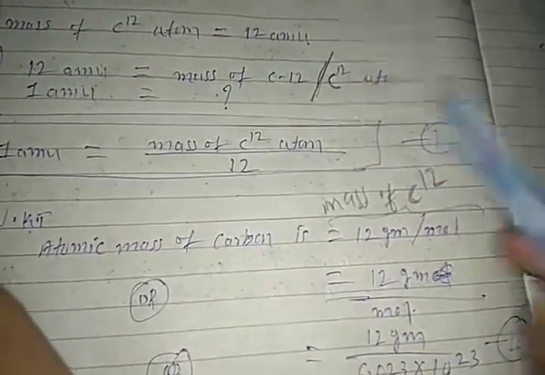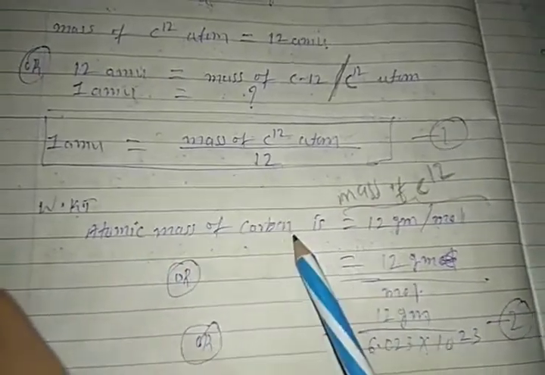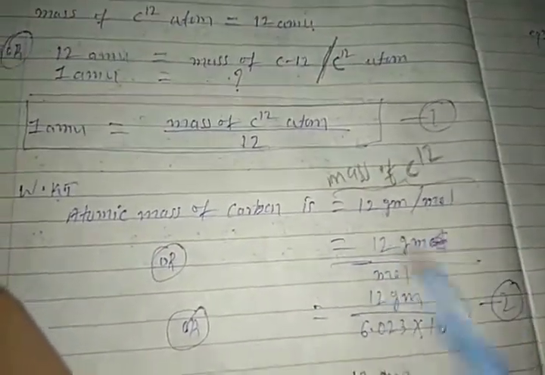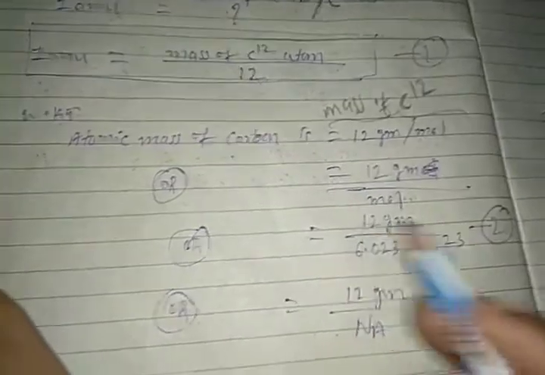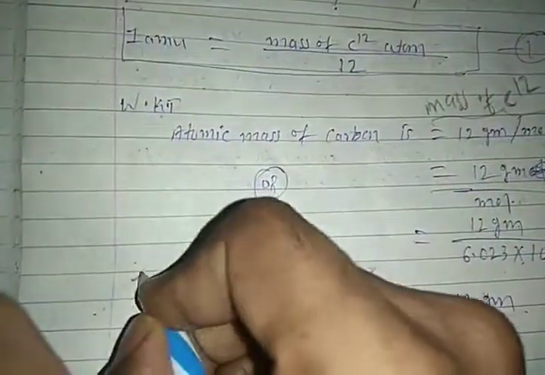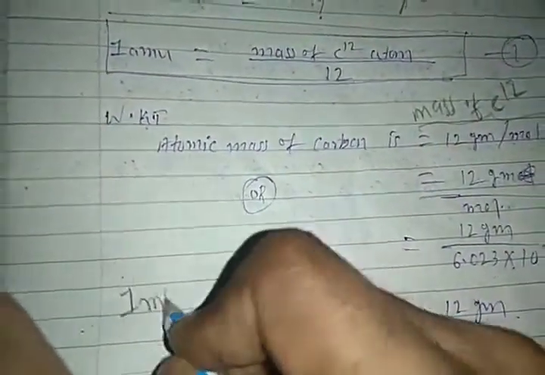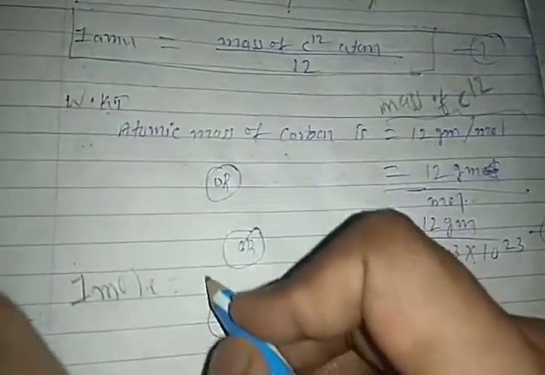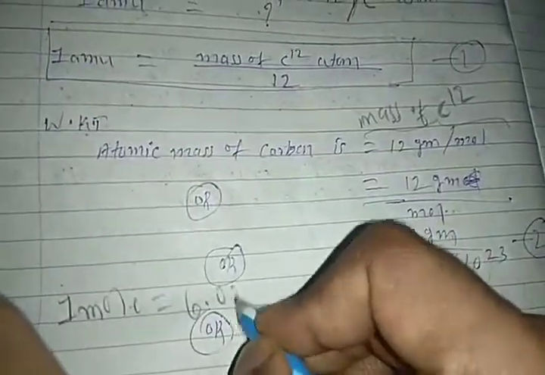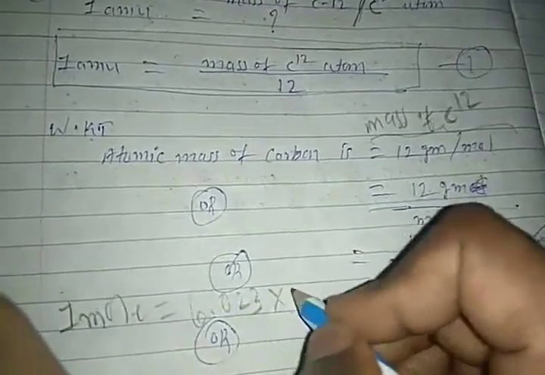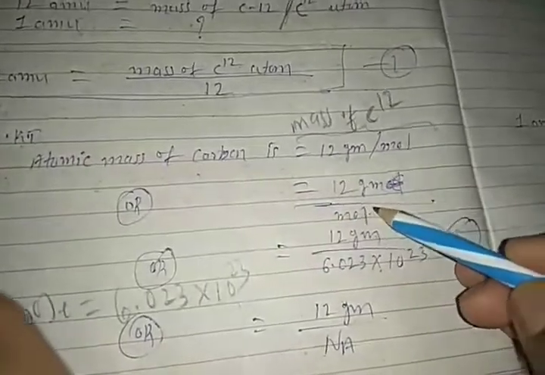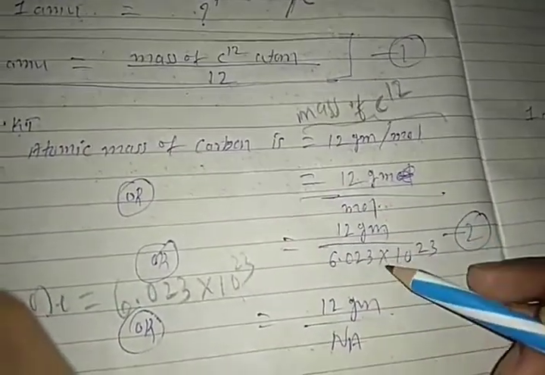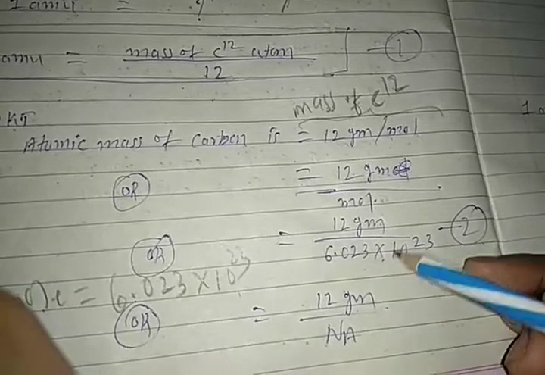This is considered equation 1, students, right? So we know that the atomic mass of carbon is 12 gram per mole. Mole means 1 mole, and 1 mole means 6.023 10 to the power of 23. So in place of mole, can we write 6.023 10 to the power of 23?